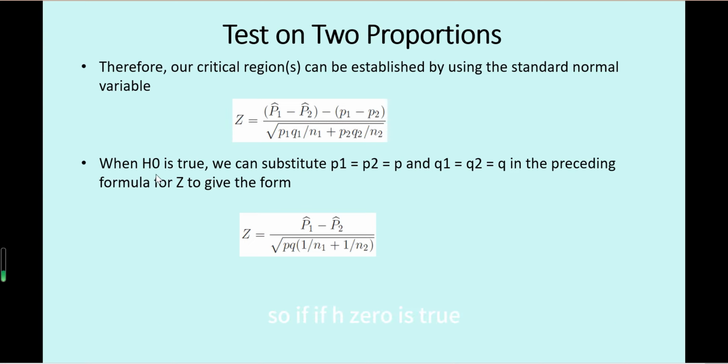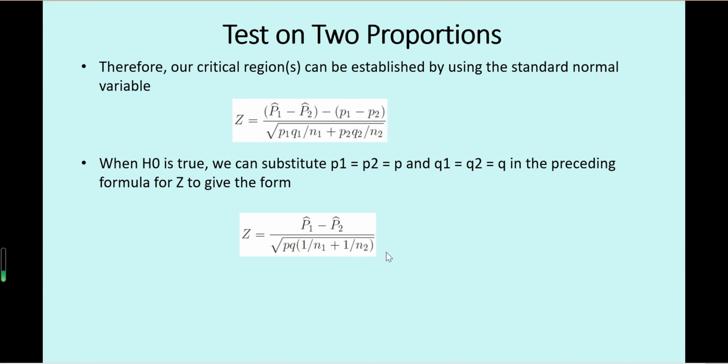So if H0 is true, which means if the population proportions are equal, P1 equals P2 equals P, and Q1 equals Q2 equals Q, then we can transform this value as P1 hat minus P2 hat divided by the square root of PQ times 1 over N1 plus 1 over N2.